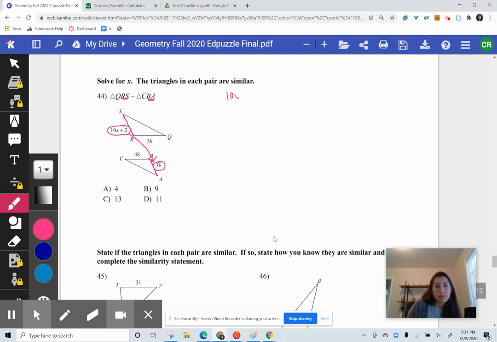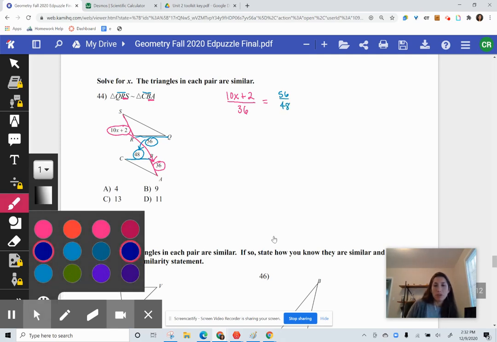So 10x plus 2 is going to go over the side that it corresponds to, 36. And then let's look at the other side. So RQ, that's 56. RQ, first letter, middle letter, CB, first letter, middle letter. And we're going to set up our ratio in the same order. So equals 56 over 48.